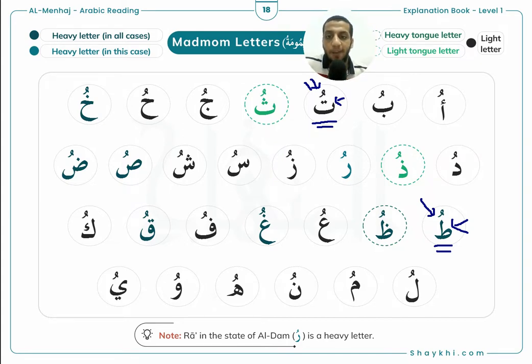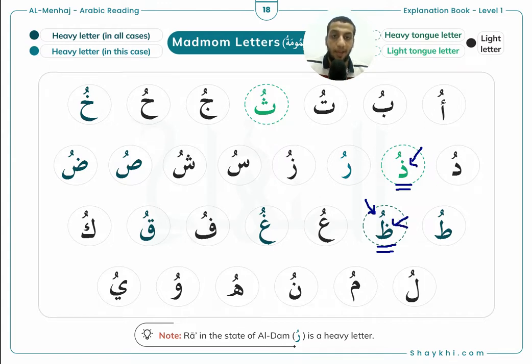We have here also these two letters, Al-Dhal and Al-Dha. So dhu, dhu, the difference between them is just heaviness and lightness. Al-Dhal is light, Al-Dha is heavy.